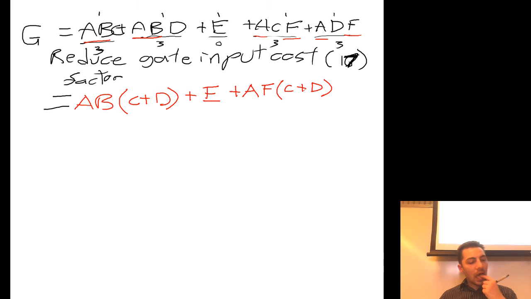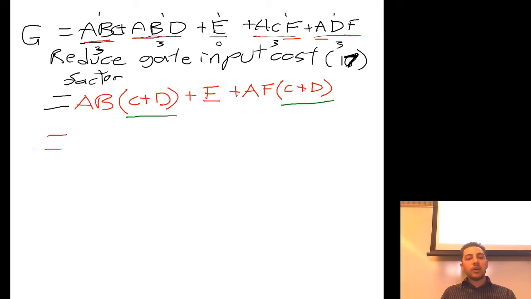CD. Yeah. All right. We can continue to factor as many times as we want until there's no more factoring possible. So what can we see that's in common to at least one of these terms? Or at least two of these terms, rather. CD is in both of these terms, and it's C or D, right?